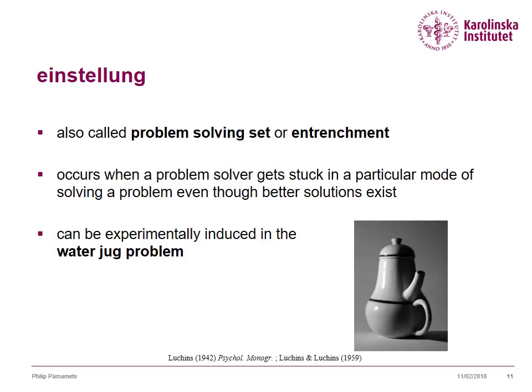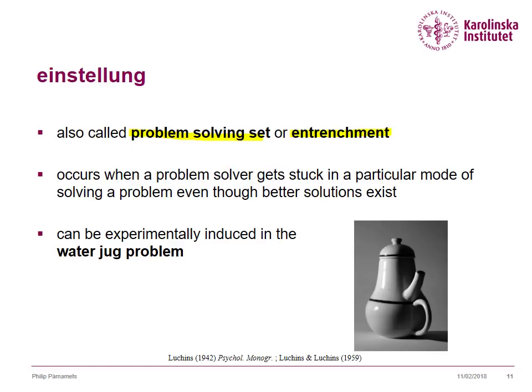A lot of work in human problem solving has progressed by identifying various types of effects where humans either fail to solve a problem or solve a problem less efficiently than they optimally should be able to. One such effect is known as Einstellung, sometimes also called problem-solving set or entrenchment, and you'll see all three terms used in various books and pieces of literature interchangeably, and we'll definitely be using them interchangeably in this course.